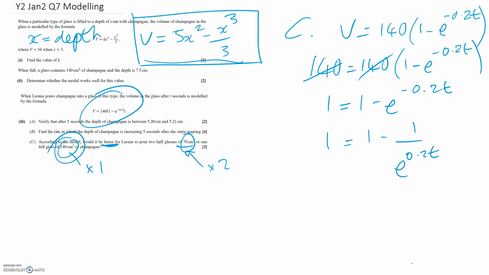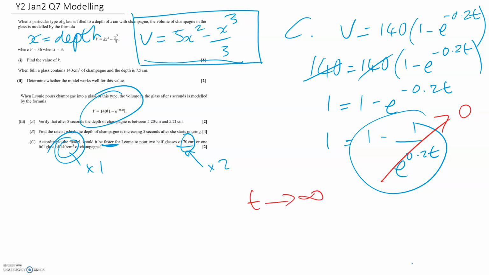In order for this right hand side of the equation to equal 1, all of this here needs to equal 0. The only way this is all going to equal 0 is when t goes to infinity. So t would need to go to infinity in order to get this total of 140.